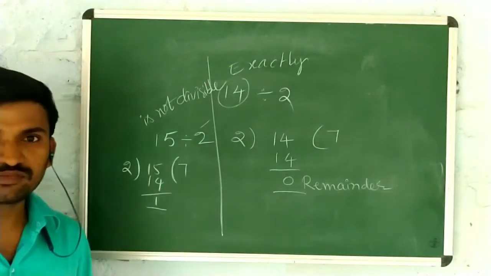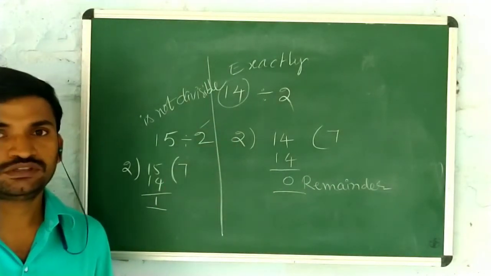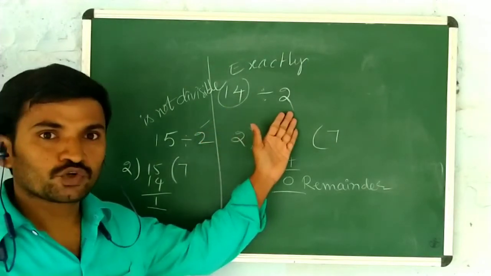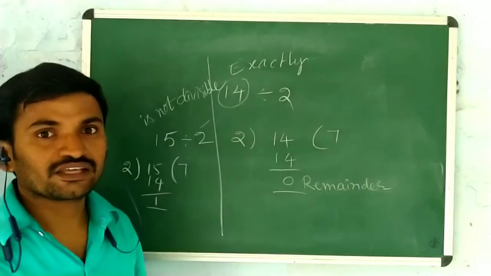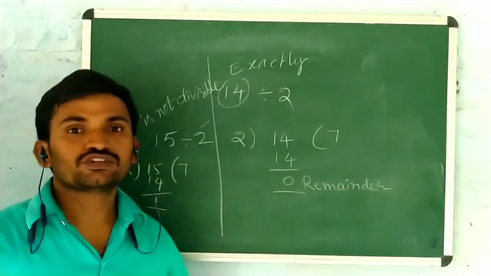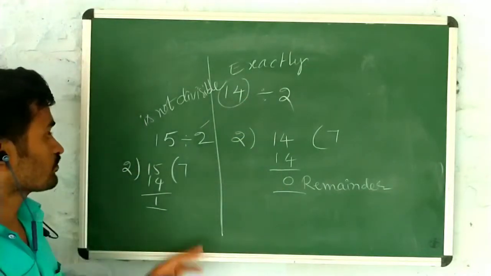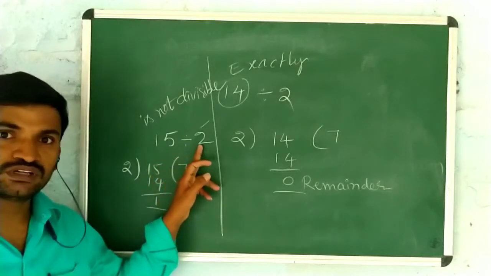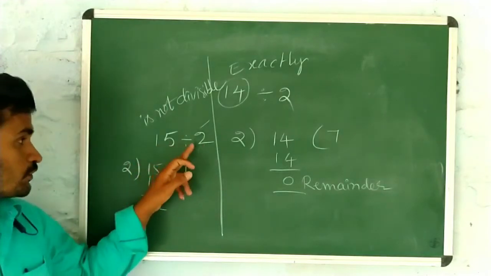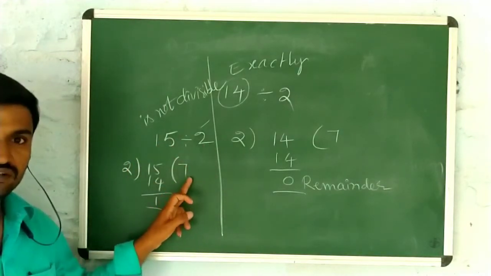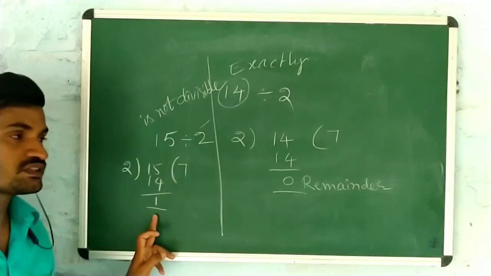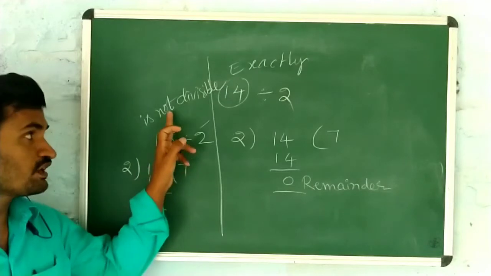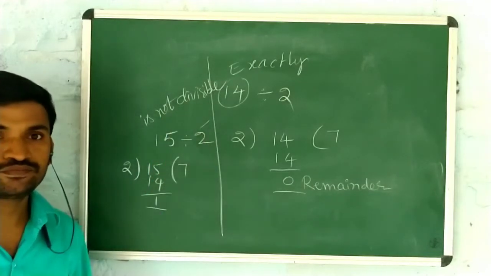So, 14 divided by 2: here 2 is dividing 14 exactly because the remainder is 0. Next, 15 divided by 2: here 2 sevens are 14, we are getting remainder 1. It means 15 is not divisible by 2.